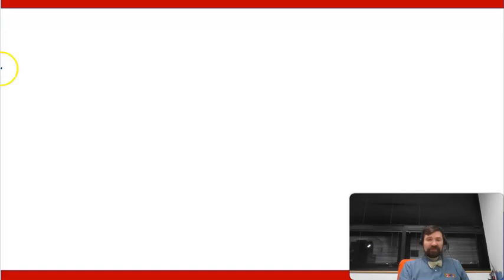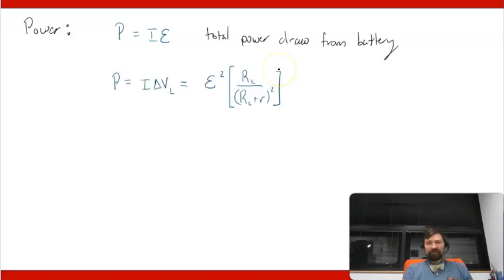There's one other thing to note before doing the example, which is power use. So you know that P is equal to I times epsilon. This is the total power from the battery. And besides the total power draw from the battery, there is the useful power, or power used by the load.